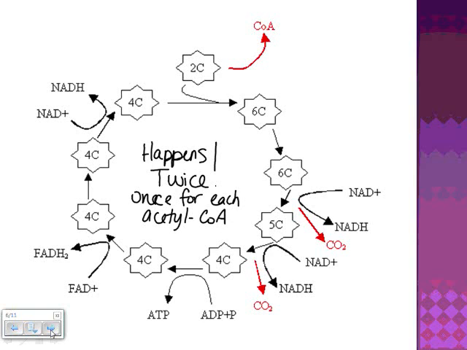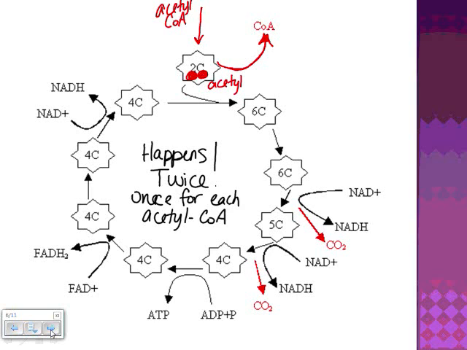So what we're going to have is that acetyl-CoA is going to come in. CoA is going to drop it off. So now we've got 2 carbons, which is our acetyl.